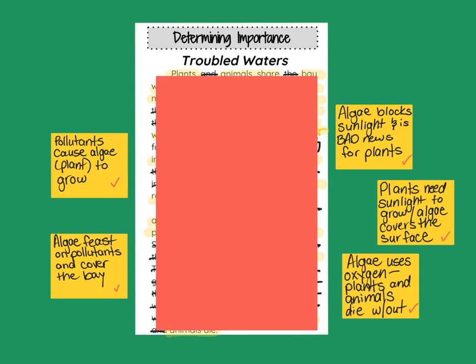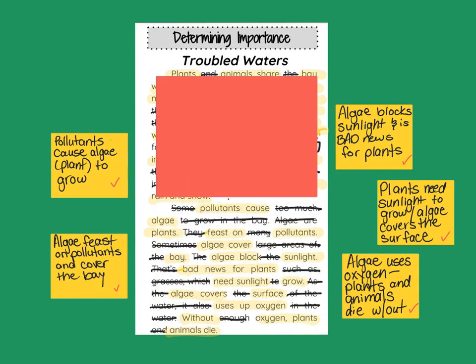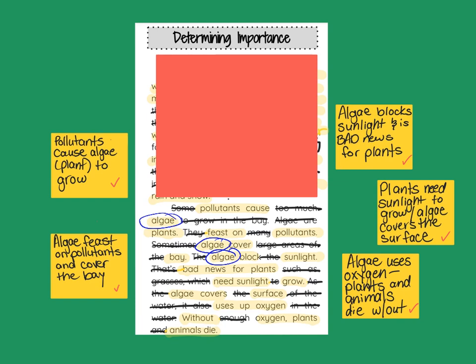So when I look then at this paragraph to determine the main idea, I notice that the word algae is repeated. So that has to be an important part of my main idea. I also notice that pollutants is repeated, so it too has to be an important part of my main idea.